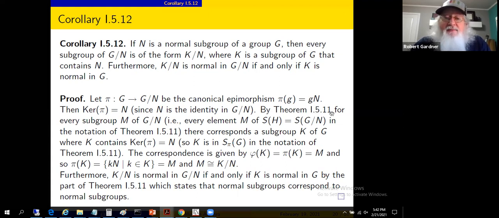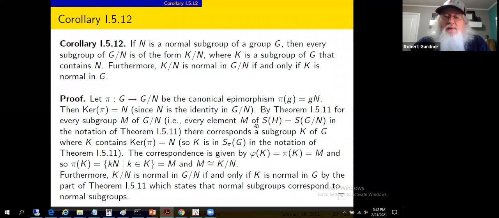By theorem 11, let's see, that's the theorem we just did, right? Every subgroup M of G mod N, that is, every element of S of H, right? So we're dealing with this one-to-one correspondence stuff. Here we're taking H to be the group G mod N. So here's a homomorphism, here's group G, here's group H in the notation of theorem 11.